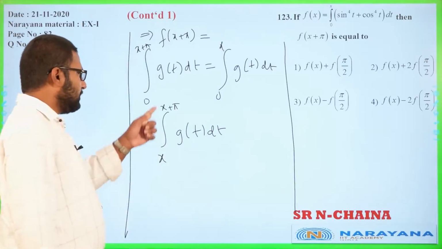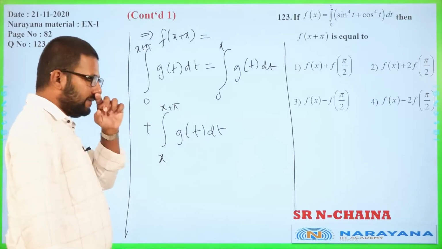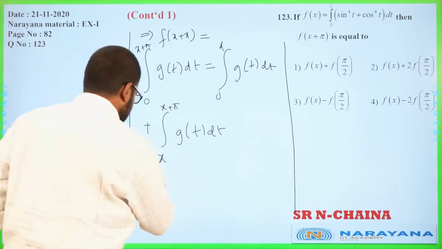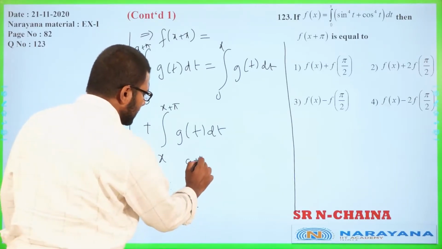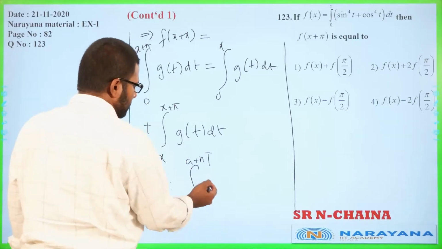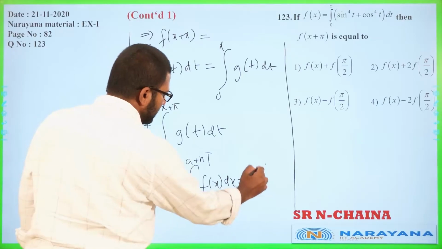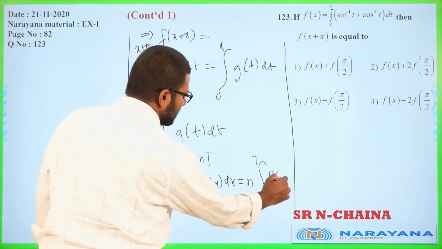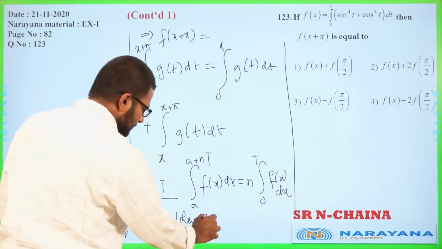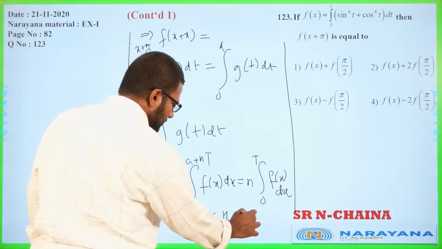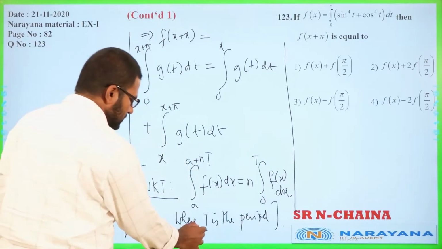Now notice, for any periodic function, if you are going from a to a plus nT, then the integral from a to a plus nT of f of x is n times the integral from 0 to T of f of x dx, where T is the period of f of x.